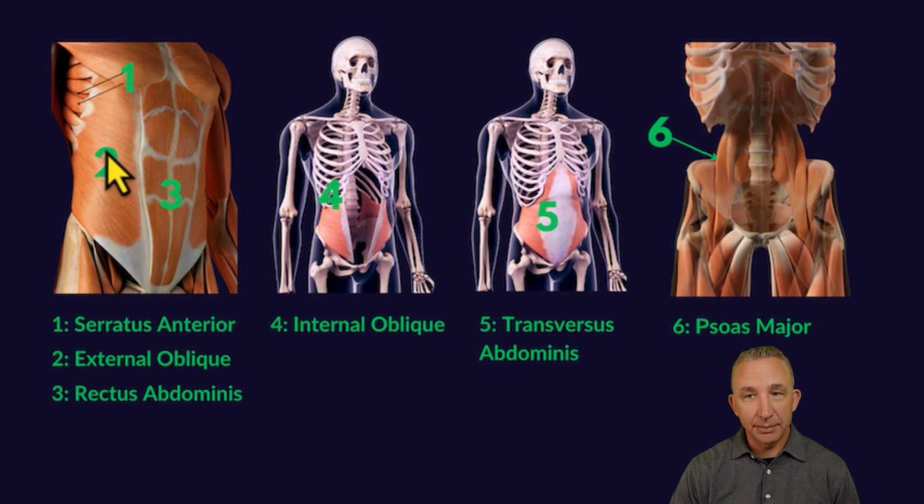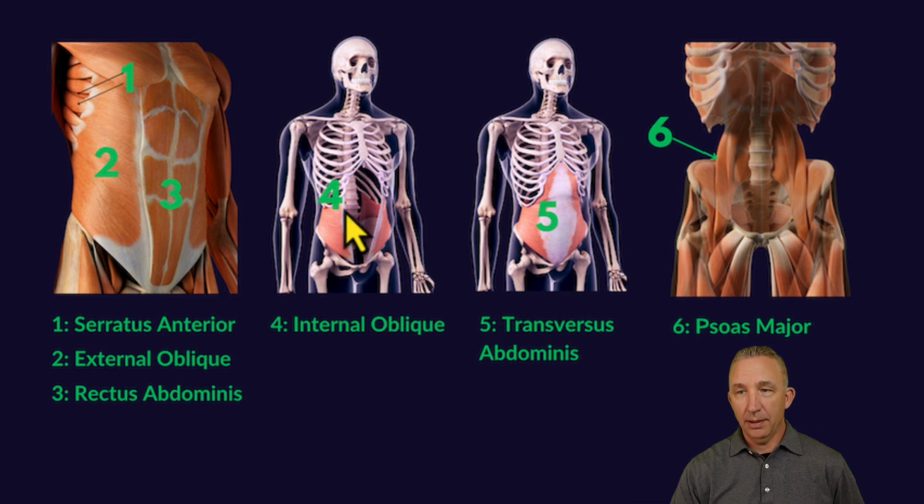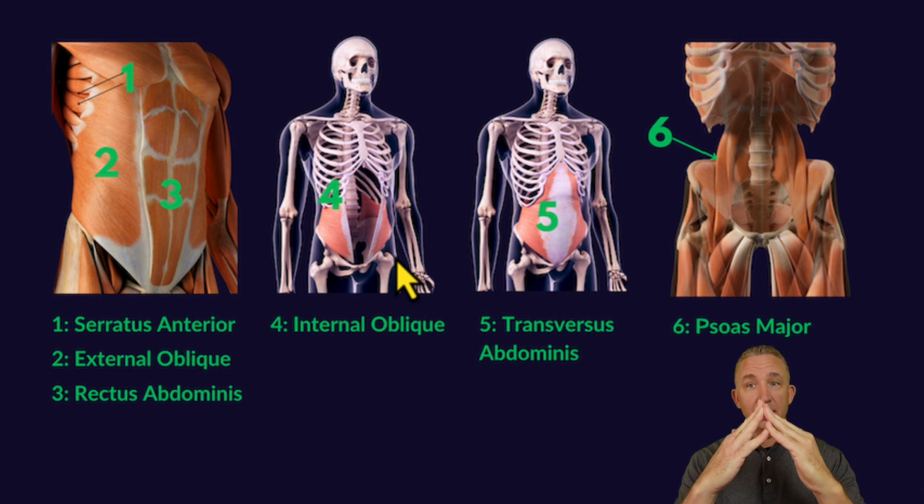So if I go deep to number two and come over to four, having taken away external oblique and also my rectus abdominis, which is number three, then if I look at these fibers, they're going the opposite way, creating more of an up and then down. Some will teach it like it's an A where you're just missing the middle piece of the A, but it's an upside down V, versus external oblique, which is the opposite. So that crossing complements each other in how you can twist and bend with your vertebral column.